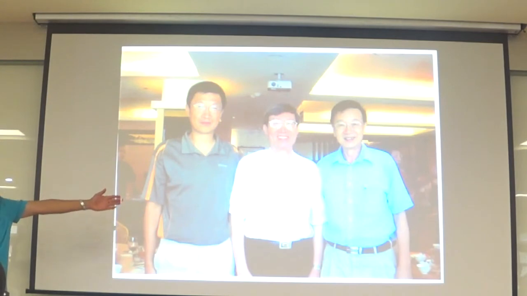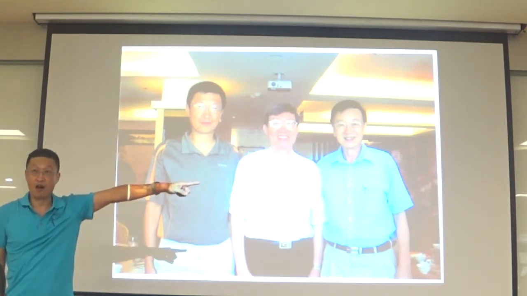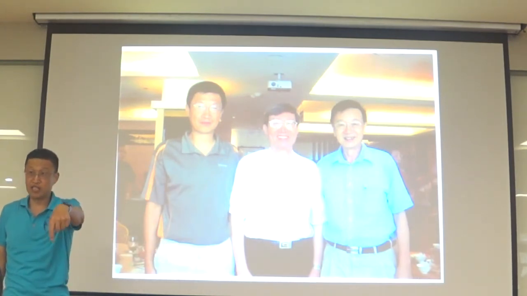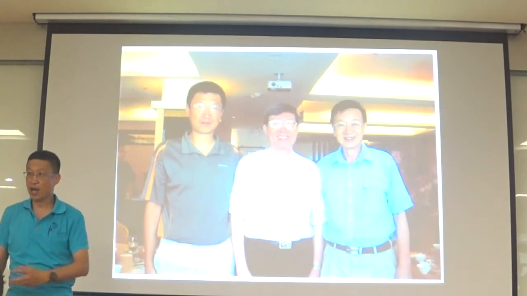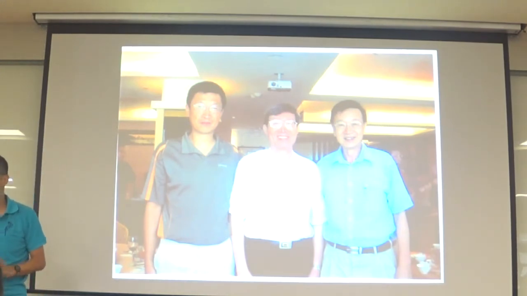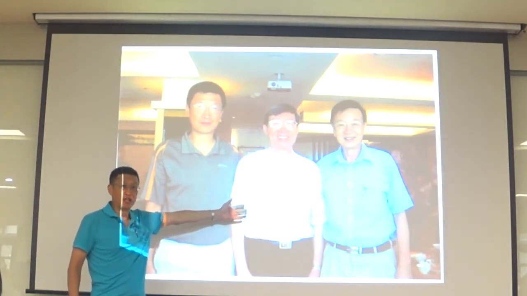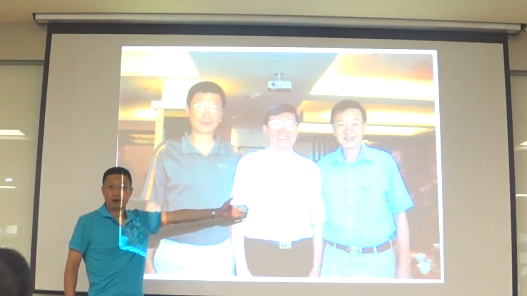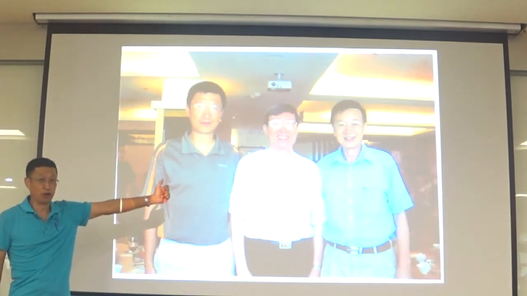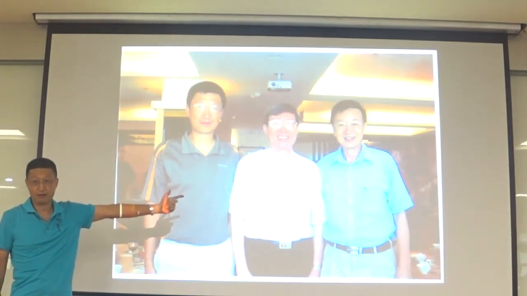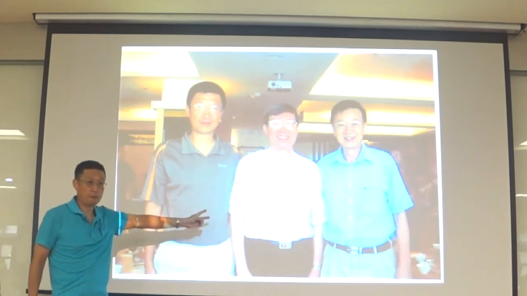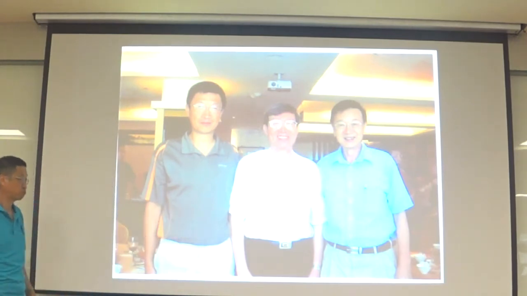My lab space is over there, and Professor Zhang's lab space is right here, so we had cross collaborations, or cross contact. He was a very friendly person. Actually, he was my senior in high school, 20 years older than me. Very friendly.